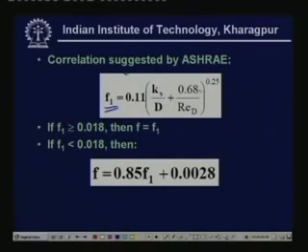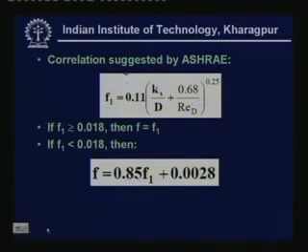This factor is defined first, and if it is greater than or equal to 0.018, then f1 is equal to the friction factor f. That means first you have to find the factor f1 from the roughness and the Reynolds number, and see whether it is greater than or equal to 0.018 or less than 0.018. If it is less than 0.018, you have to make a correction, and f is equal to 0.85 f1 plus 0.0028. So this is a very useful equation suggested by ASHRAE.